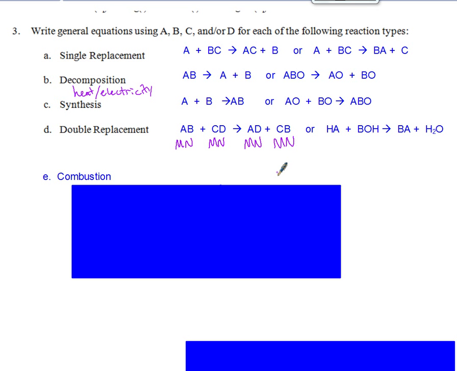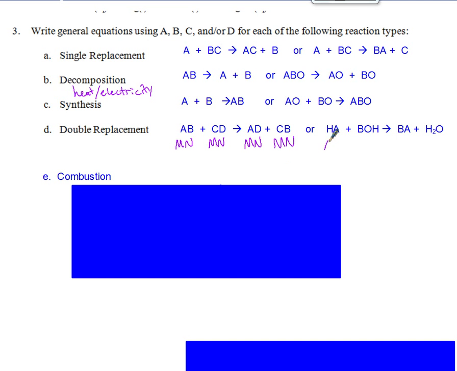It always has to be a metal with a, you got it, non-metal. You can't put metals and metals together. They would both be positively charged. They would repel each other. You can't put non-metals and non-metals together. They would both be negatively charged, and they would repel each other.